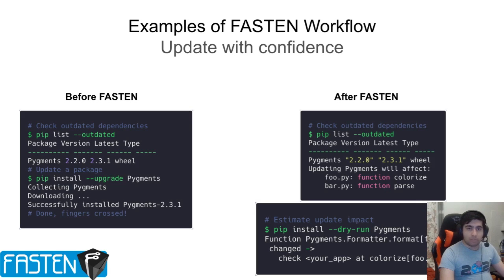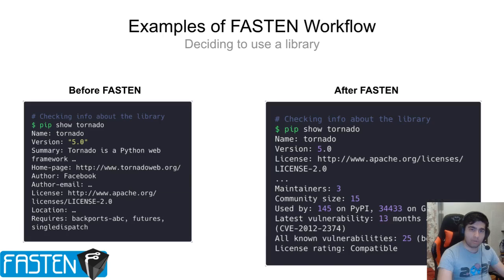At the moment, we are working on this feature for package managers, but this is an illustrative example to showcase what Fasten will look like in a package manager. One more example is to use Fasten in pip or even in Maven to decide whether to use a particular package or not.